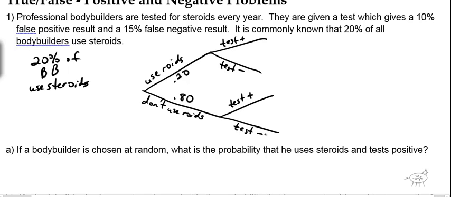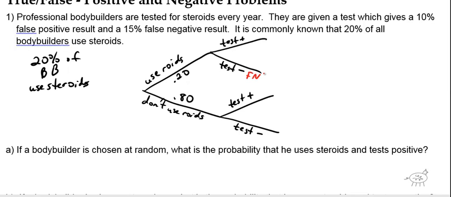So let's talk about what each of these means. If you use steroids and you're tested positive, that means the test was correct. Okay. If you use steroids and the test comes back and says no, you don't use steroids, that's false. All right. So this right here, I'm going to put this in a different color. This is actually a false negative here, because you use steroids and the test comes back saying that you don't. So it's negative.